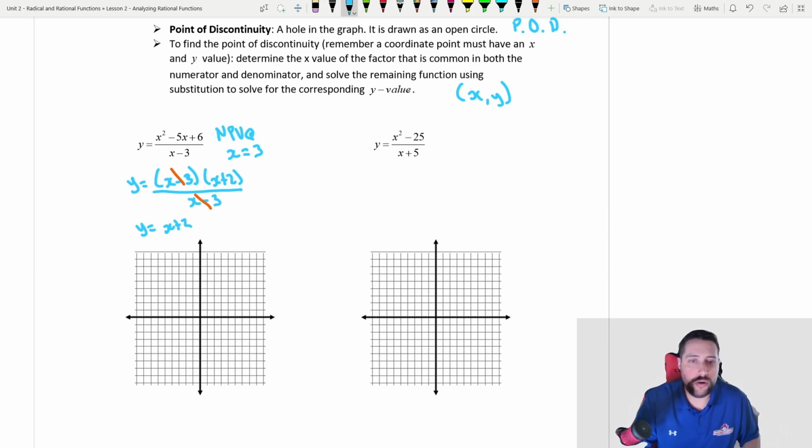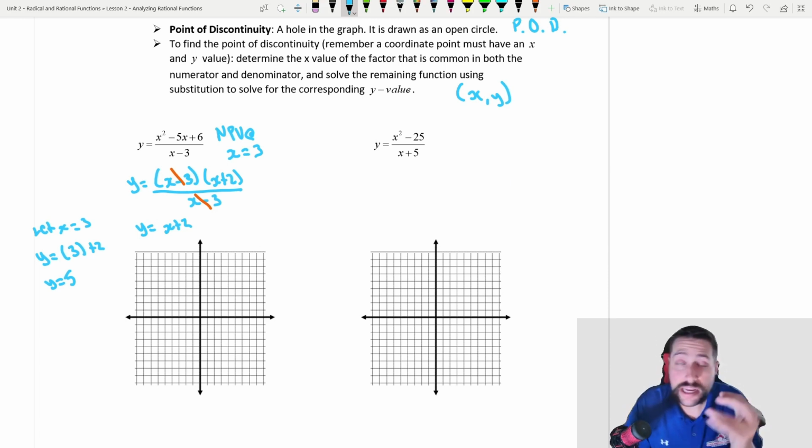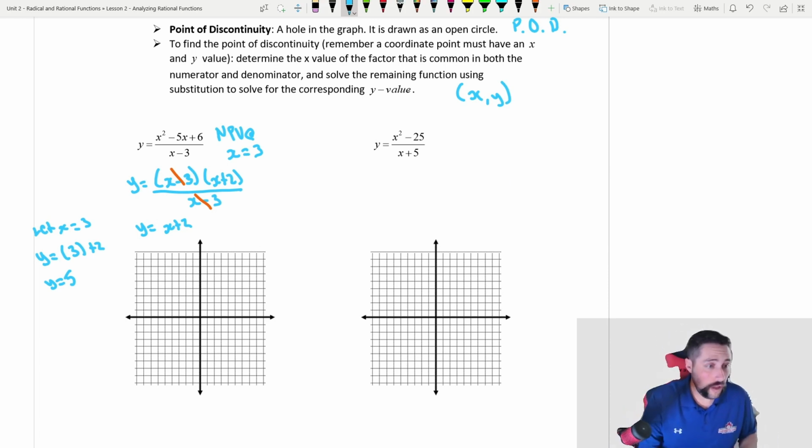So let's let x is equal to 3. That means we're going to have y is equal to 3 plus 2. So y is equal to 5. That means in this case, we have a point of discontinuity at the point, oh no, sorry, x is 3 and y is 5.